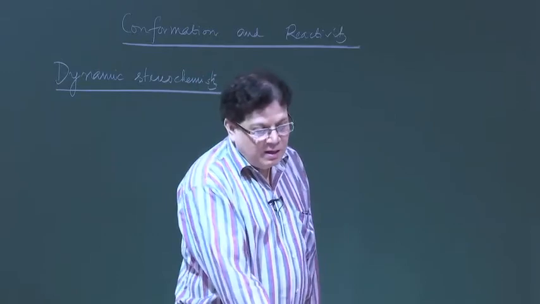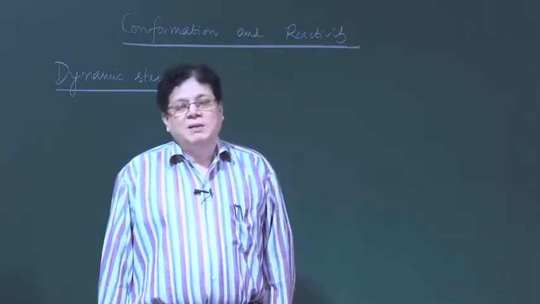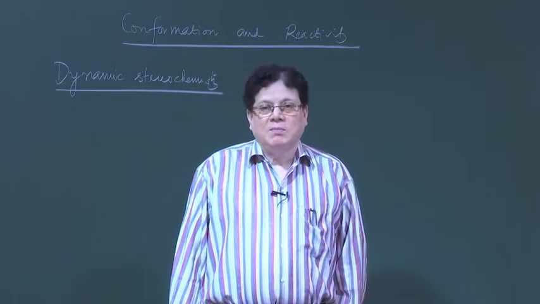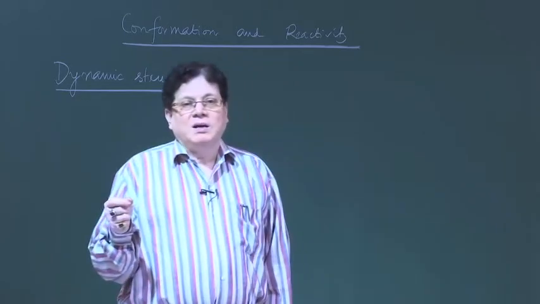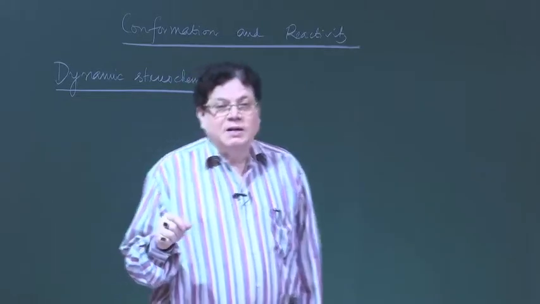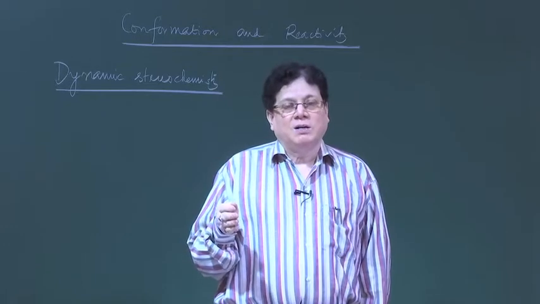However, as I said, with the Curtin-Hammett principle, usually the more stable conformer gives the major product. That means the conformer which is more populated is giving the major product. So, people might say that the formation of the major product was due to the greater population of the starting conformer.